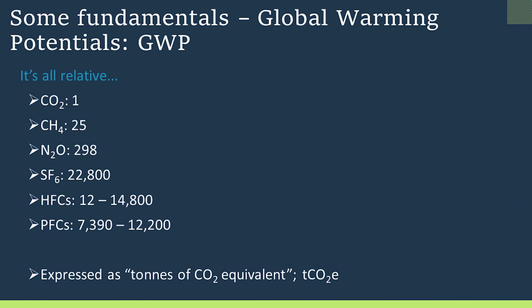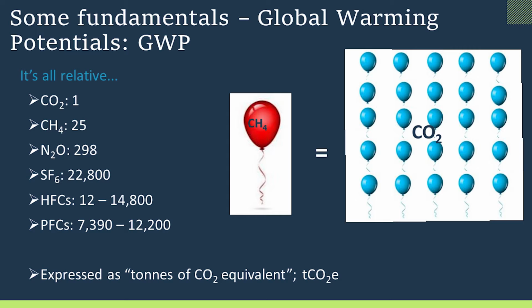And why are they different? I've already indicated that methane and nitrous oxide and others are far, far worse than carbon dioxide. These are the numbers that give you that indication of what that's like. Carbon dioxide has been designated the value of 1. There are no units, it's not kilos or tons or meters cubed or anything, it's just 1. That's its relative value in terms of how much impact it has on driving global warming in the atmosphere. Relative to that, all the other gases in the basket of 6 have got a number that shows how much worse they are or better than carbon dioxide.